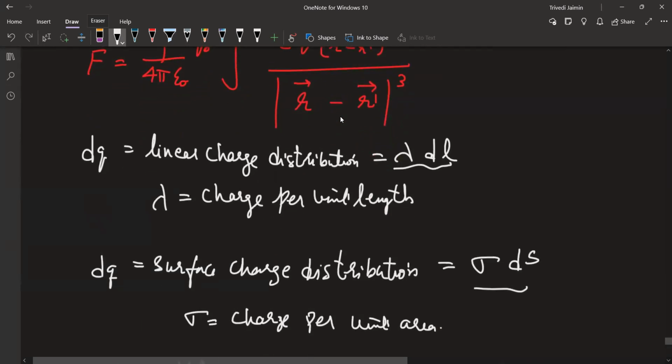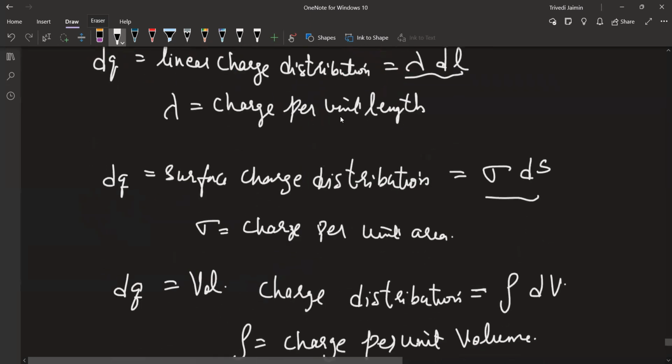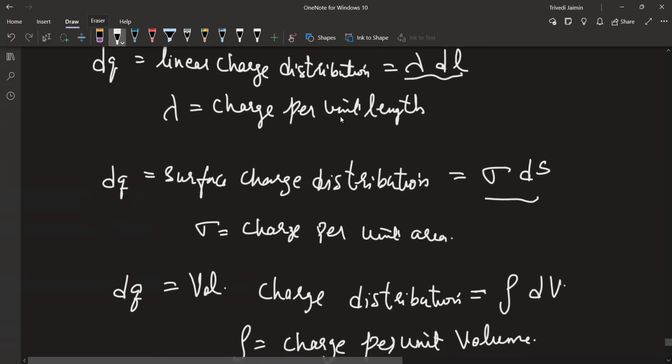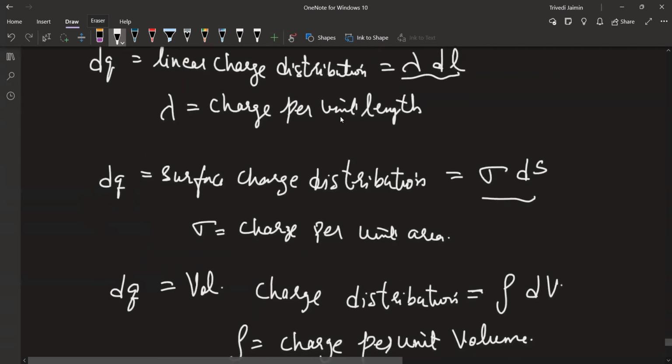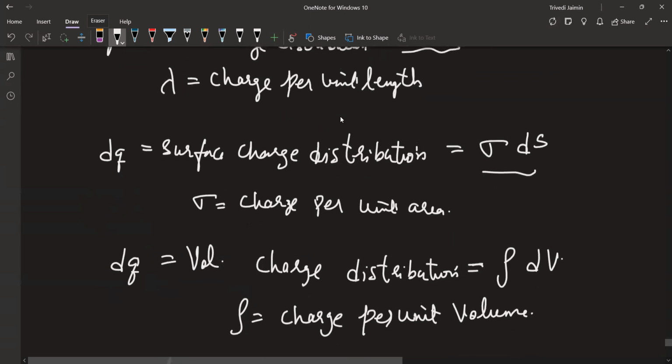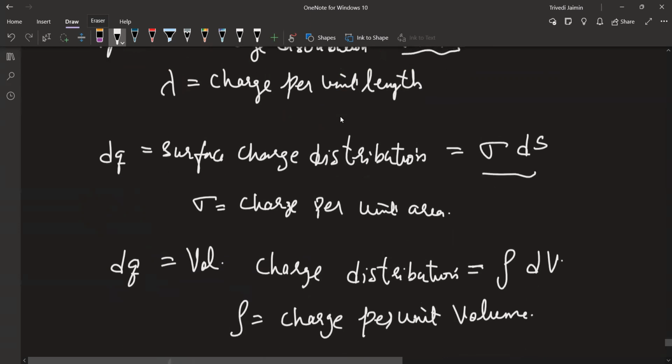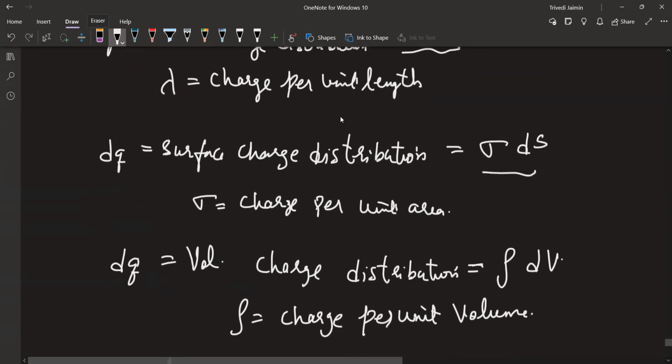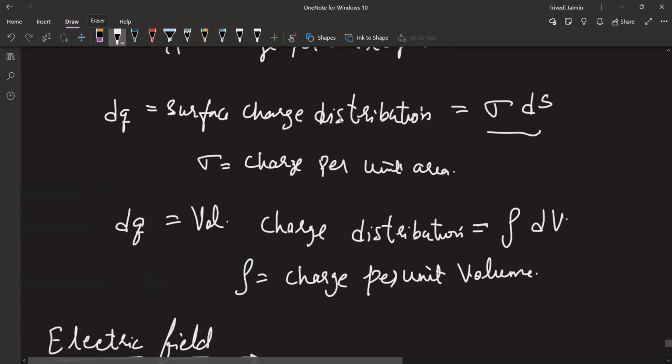For surface charge distribution, we take sigma ds, charge per unit area into area of the element. ds is the area of a small element, dl is the length of a small element. For volume charge distribution, we'll take rho dv. Rho is charge per unit volume into the volume of the element.